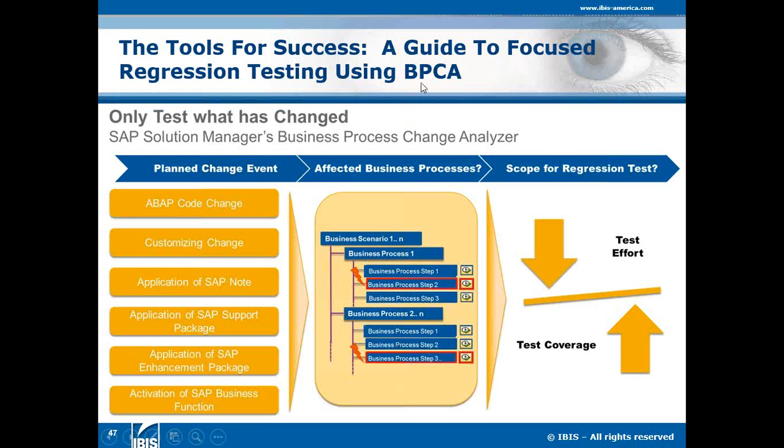So the T-bomb creation process and leveraging BPCA now becomes a great tool in our toolbox to help eliminate unnecessary testing and really focus on a risk-based testing approach, testing only those areas of impact.